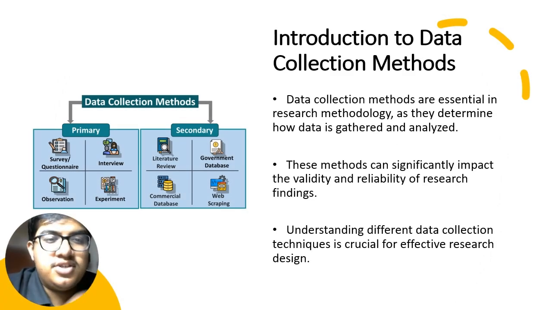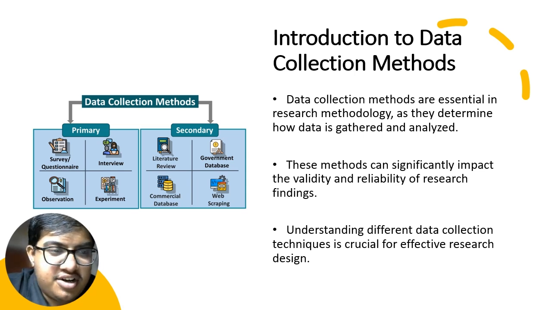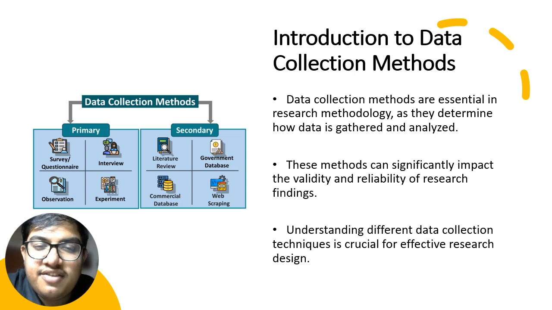So first, let's understand what the data collection methods in research methodology and IPR are. The methods are mainly divided into two types, primary and secondary.